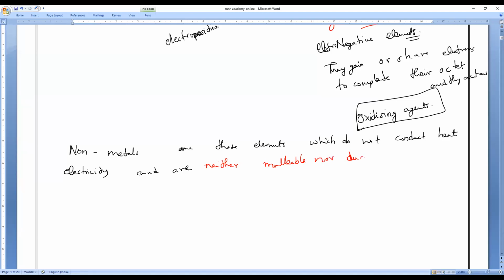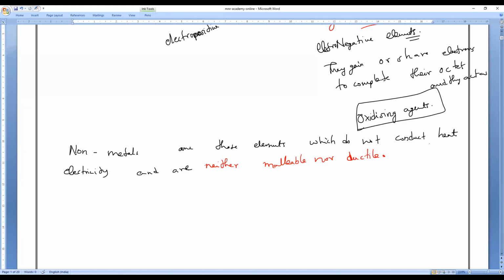Basically, non-metals are poor conductors of electricity, but there is a non-metal which is a good conductor. If you don't know, I'll teach you. Pencil is made up of something we call graphite. So I'll note the exemptions always.